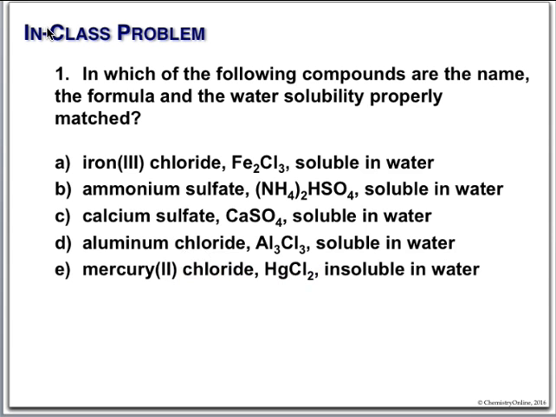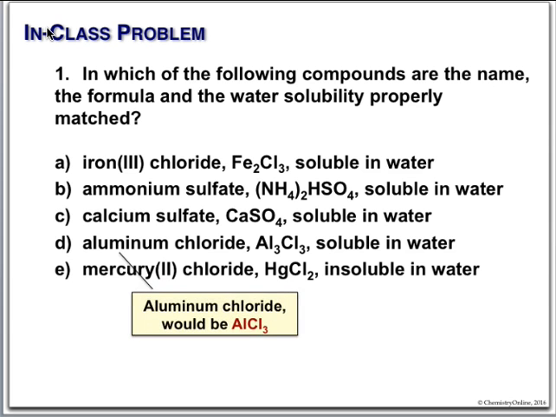Aluminum chloride. Well, aluminum is a group 3 metal, so it's a +3 cation. Chloride again is a -1, so we would need 1 aluminum and 3 chlorides. Not that. So that's wrong. That's wrong too. And our last guy, mercury 2 chloride.